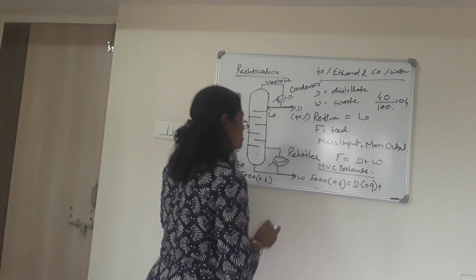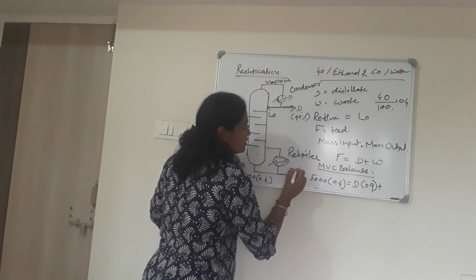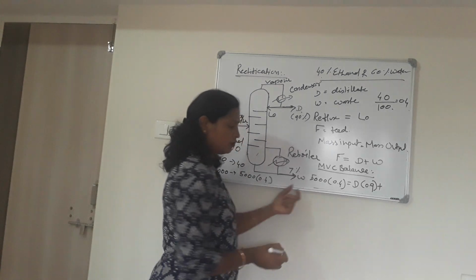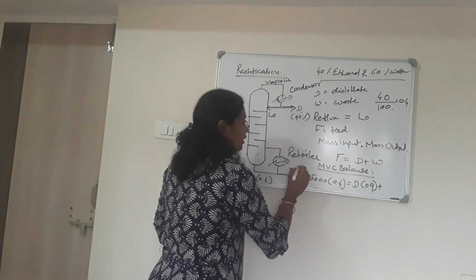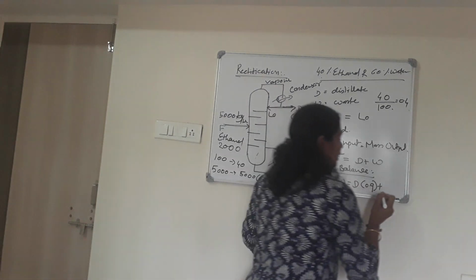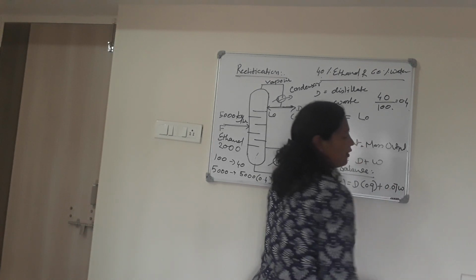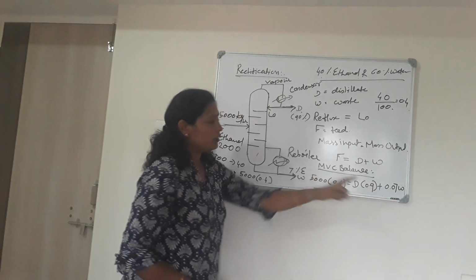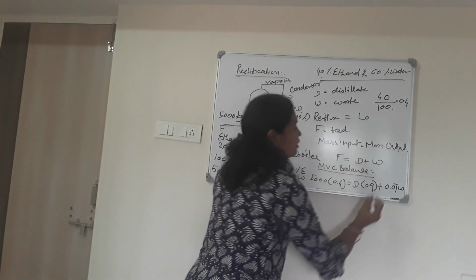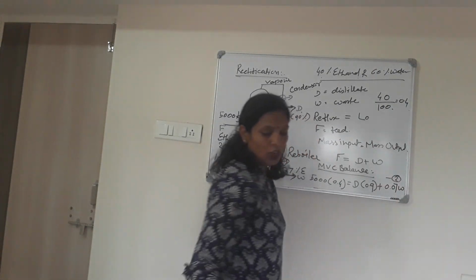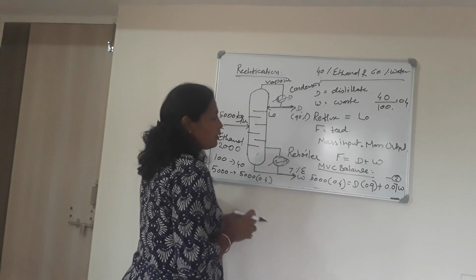Then suppose this waste contains 7% ethanol. In that case, the fraction of ethanol in waste becomes 7 upon 100, that is 0.07. So this will be equation number 2. Then what will be equation number 1?